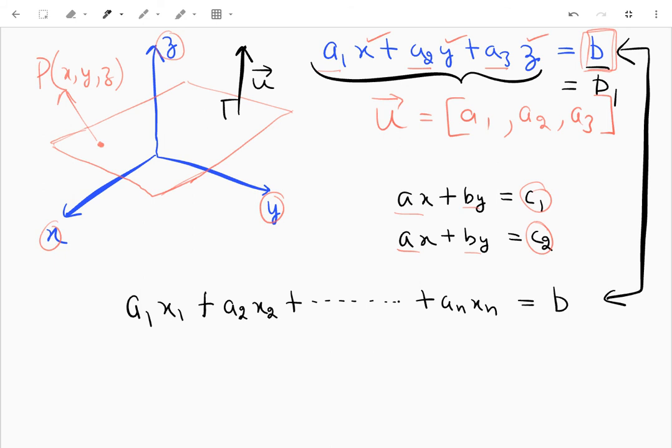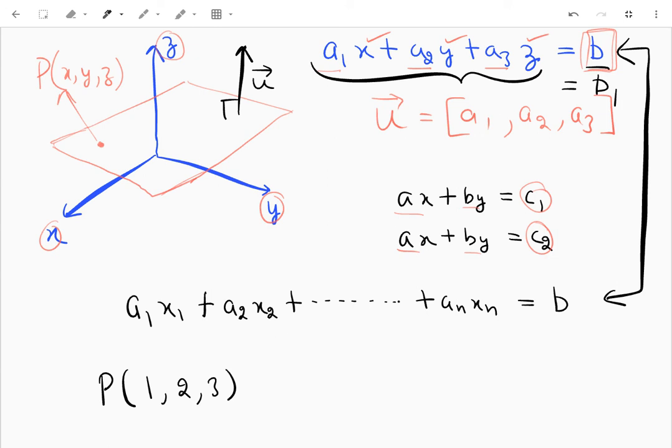So now let's try to find an actual equation. For that, let's say we have this point as 1, 2, 3. Pretty basic.